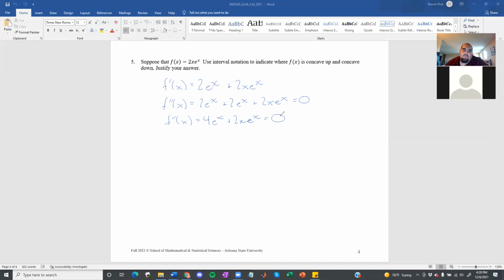Take out an e to the x. Take out an e to the x, 4 plus 2x. Okay. And then you get negative 2.